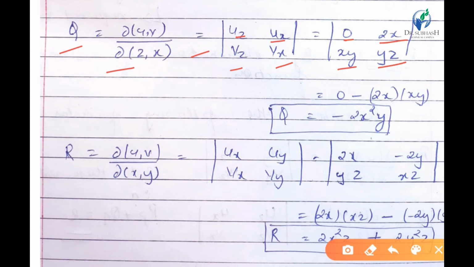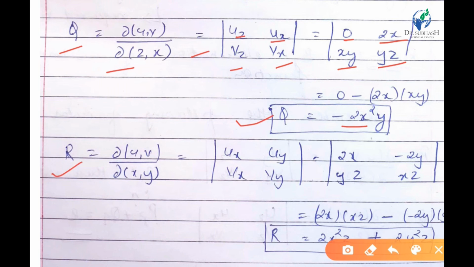We have substituted all the values which we found above. Now we find its determinant. Again we know how to find the determinant. So the value of Q will be equal to minus 2x square y.